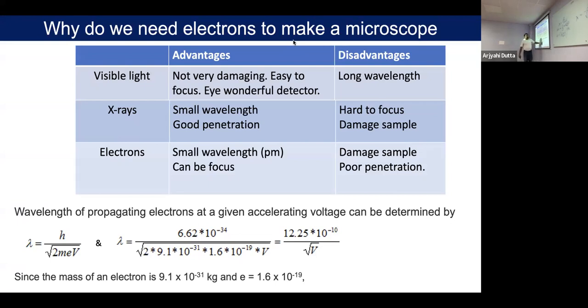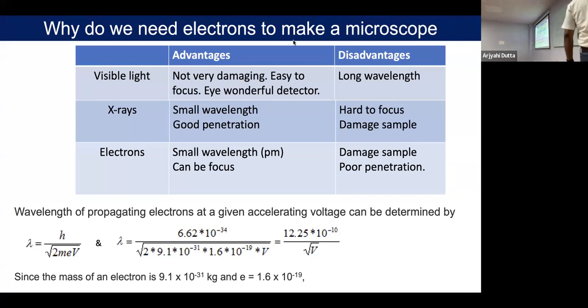If we replace them, it depends on the voltage. The lambda is inversely proportional to the square root of the voltage. So if voltage increases, the wavelength decreases. Generally, with an electron microscope, you will get different voltages: 120 kilovolt, 200 kilovolt, and 300 kilovolt.